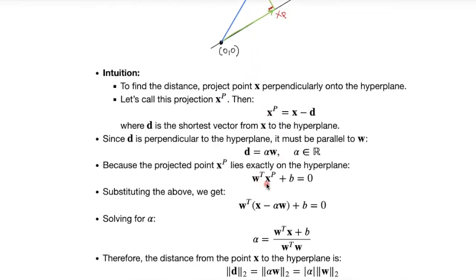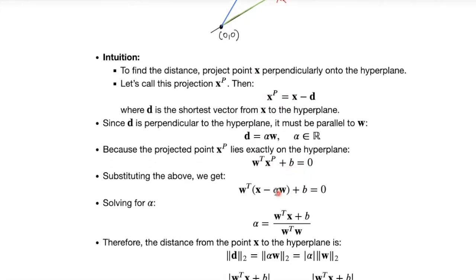So we have W transpose xp plus b equals 0. And now we can see how we can use these different things to find the length of this vector d. So W transpose, and xp is x minus d, and d is alpha times w.